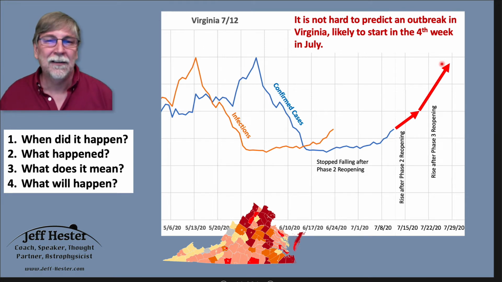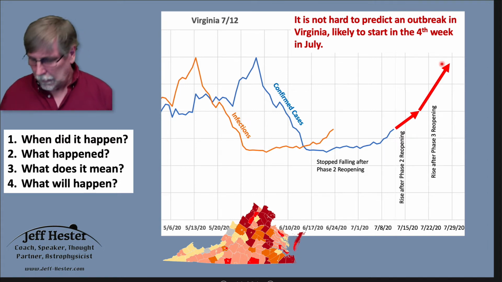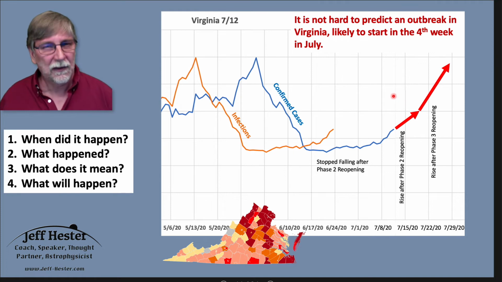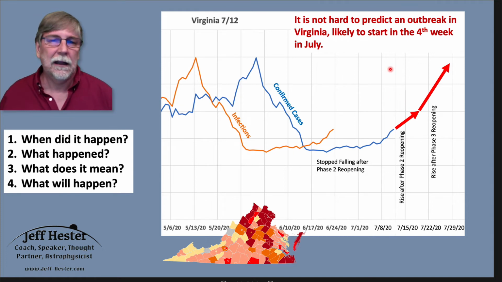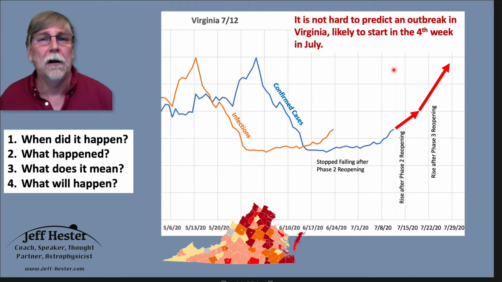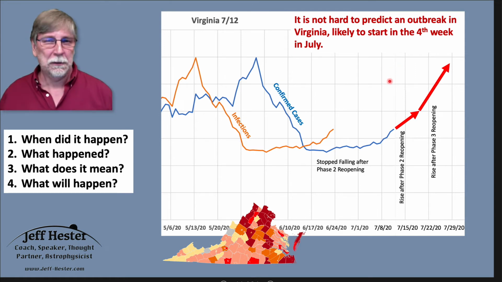Now, I'll be honest and say I'm an astrophysicist sitting here dealing with publicly available data. I think somebody is putting politics ahead of science here, and they haven't quite figured out that COVID just doesn't really care about what they find politically expedient.